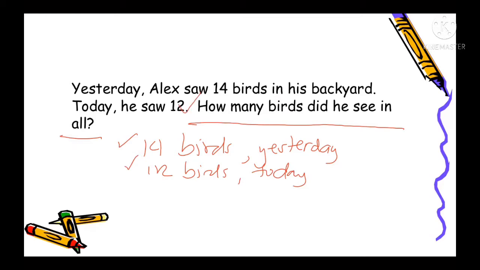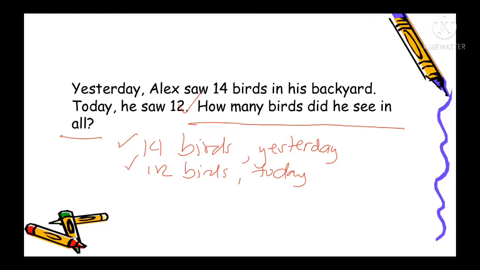Those are the three important details that we need to understand in the problem. Remember our step one, we need to understand the problem. How? Let us identify the given and the question.